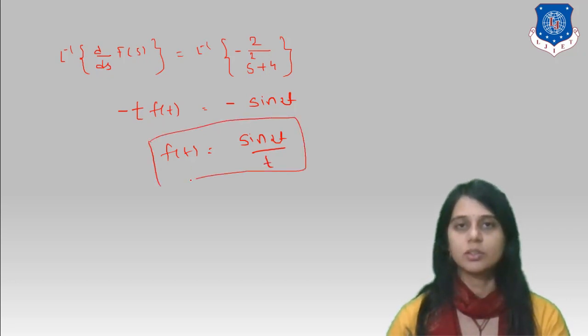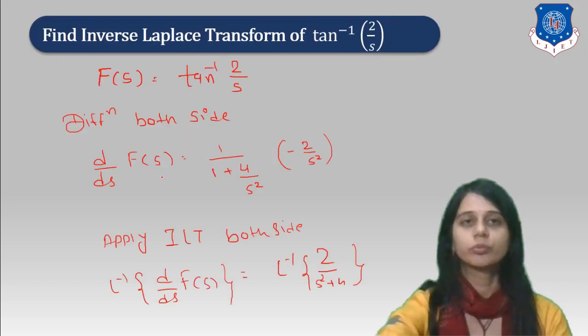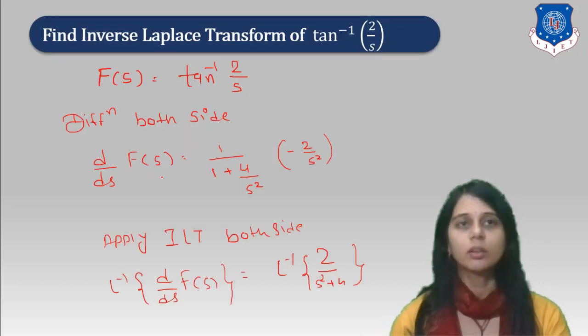This is your answer. Again, take F of s equal to tan inverse 2 by s. Differentiating on both sides, we get d by ds of F of s equal to 1 upon 1 plus 4 by s square, into minus 2 by s square. Apply the inverse Laplace transform on both sides.